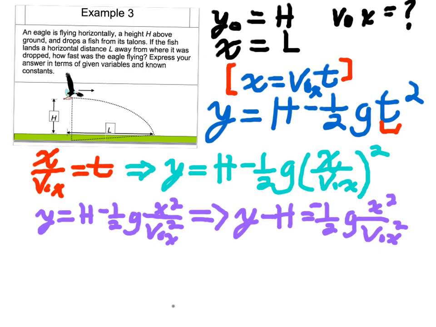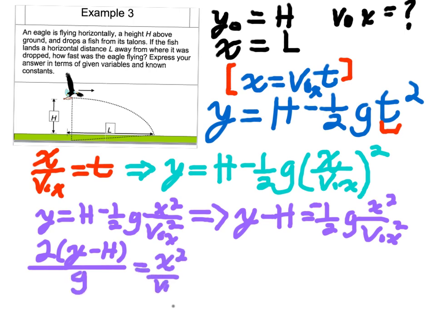Now I'm going to multiply by 2 and divide by g. So let's do that step. 2 times y minus h over g equals x squared over v naught x squared.